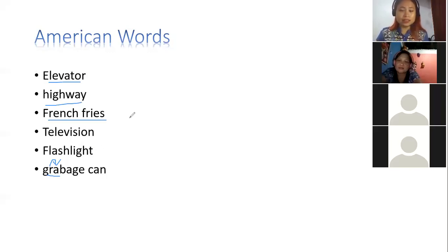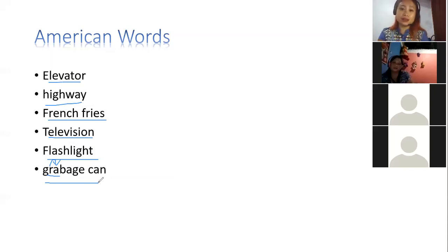French fries and not chips. You don't talk about fried potato and say chips. You say French fries. That's the American way. Television, not telly. Telly is Australian English. Flashlight is American English, not torch. Torch is UK English. And garbage can in America.